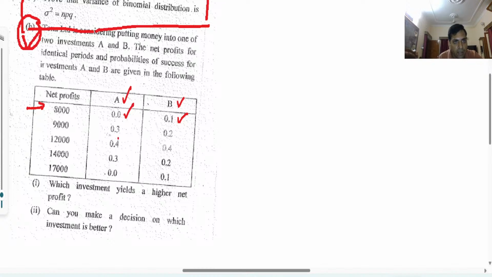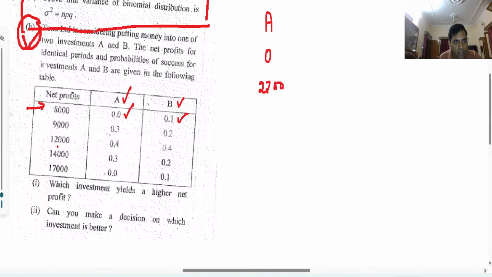To find the higher net profit of these two investments A and B, we need to multiply each net profit with its probability. For A, the first quantity is 0 multiplied by 8,000, which is 0. Then 9,000 multiplied by 0.3 is 2,700.